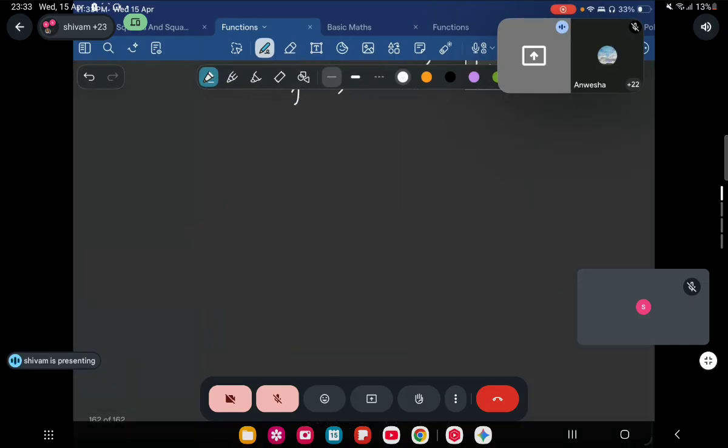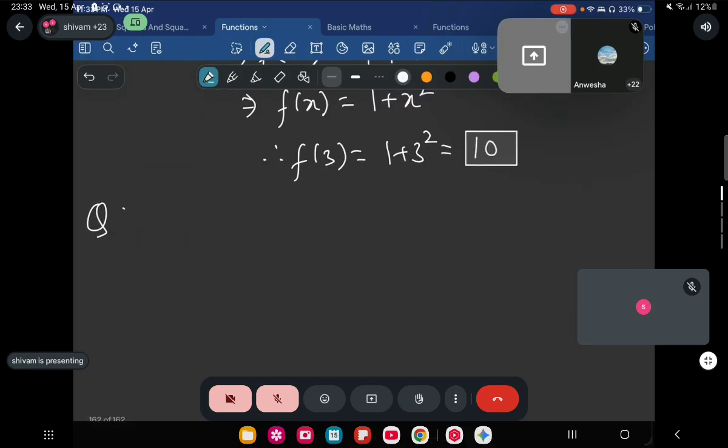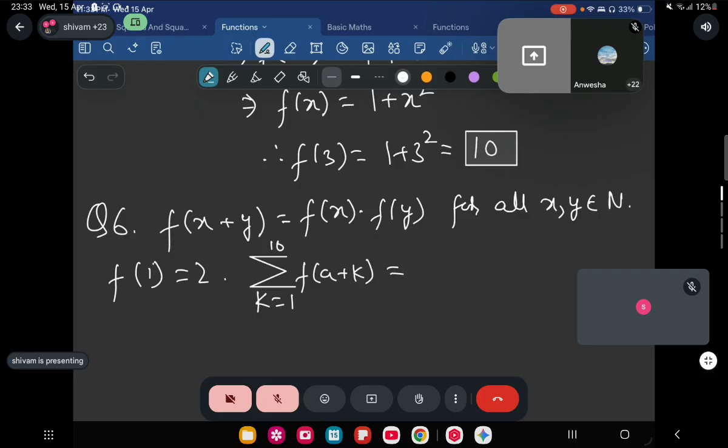Next. See everyone, a similar kind of question came in JEE Advanced last year. Okay. Question number 6. F of x plus y is equal to f of x into f of y for all x, y belongs to natural numbers. f of 1 is given as 2 and summation of k equal to 1 to 10 f of a plus k is given as 16 into 2 to the power 10 minus 1.